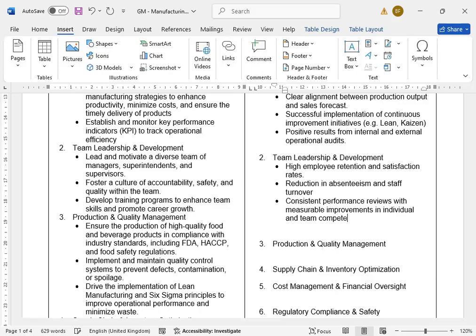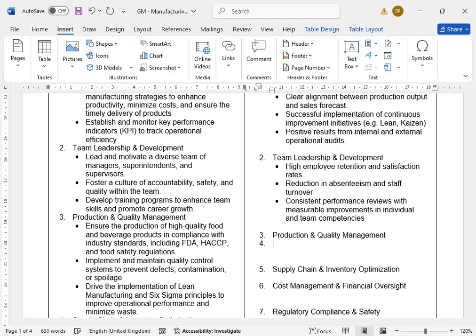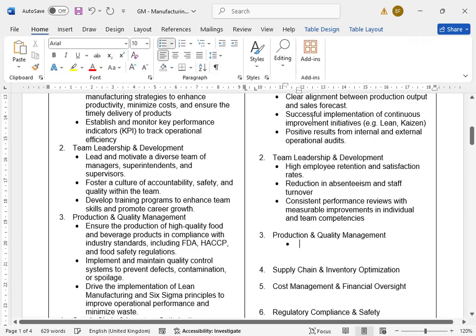Competencies. All right. Okay, bullet point.